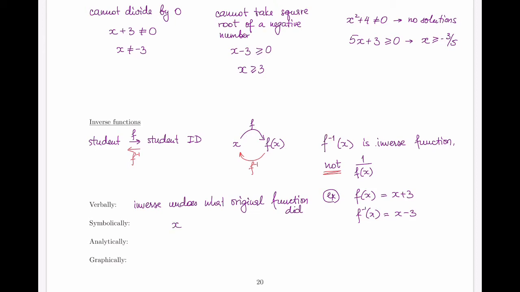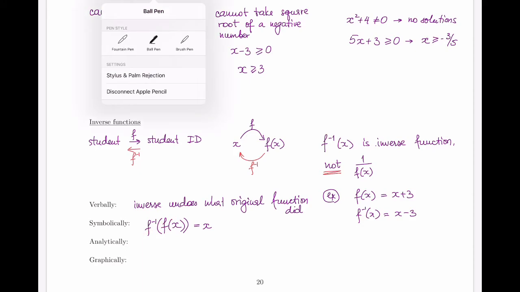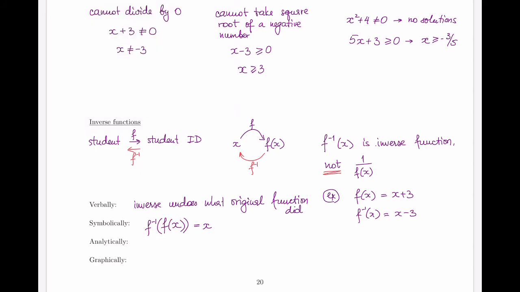If I have my input x and I apply a function f to it, and then I apply the inverse, then I should just get my original input back, because f inverse here undid what the original did. So in a sense, they cancel each other out. And of course, I can apply the exact same process in the reverse order. So if I start by undoing something and then doing it, then I should get my original x back.